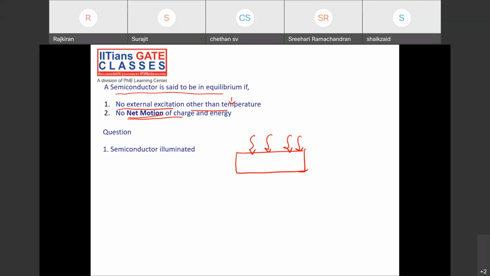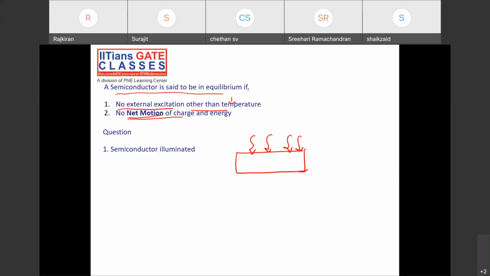What is a quasi-Fermi level? Sir, excess carriers will be generated by the light illumination. So you are going a little ahead. That's very good, but we have not reached that point.